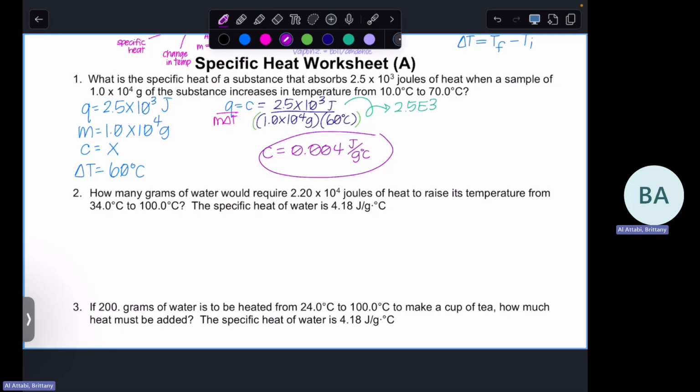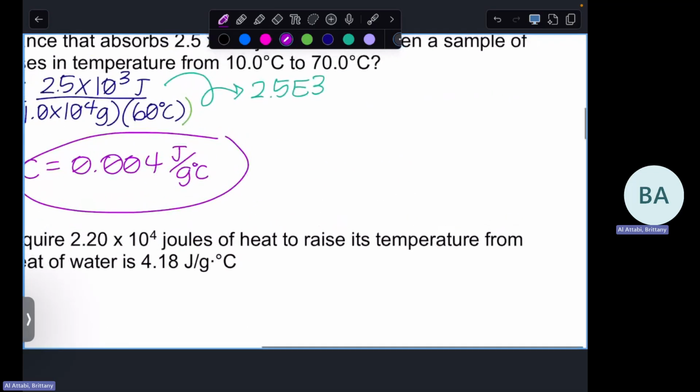In this case, multiplication and division are interchangeable for PEMDAS, right? So you've got 2.5 times 10 to the third divided by 1.0 times 10 to the fourth times 60.